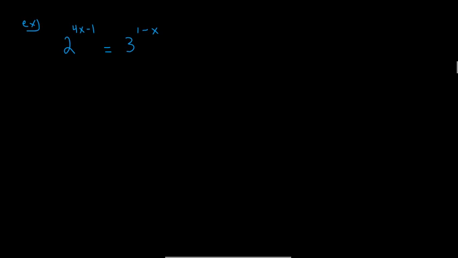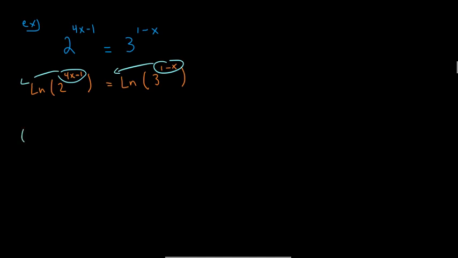So I am going to use the natural log technique: the natural log of 2 to the 4x minus 1 equals the natural log of 3 to the 1 minus x. The purpose is to take these exponents and drag them down in front so that I can solve the equation.